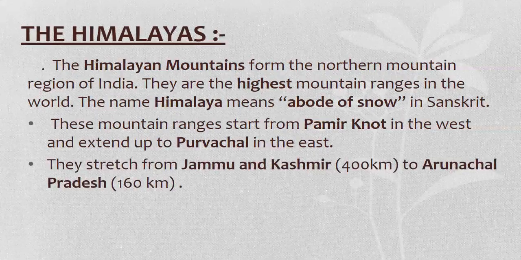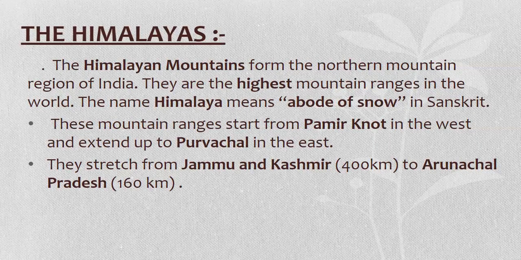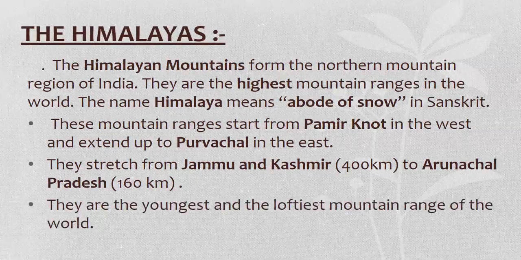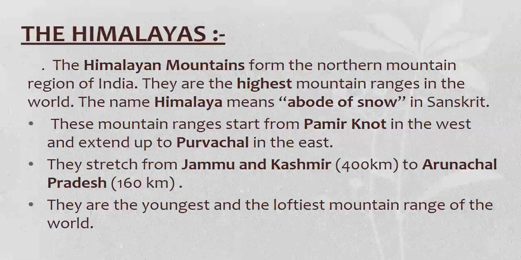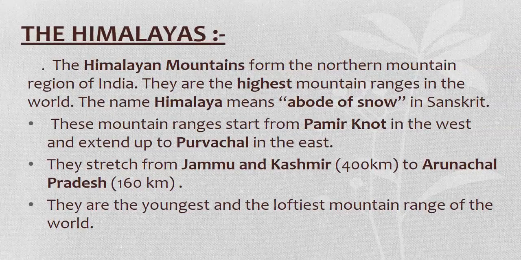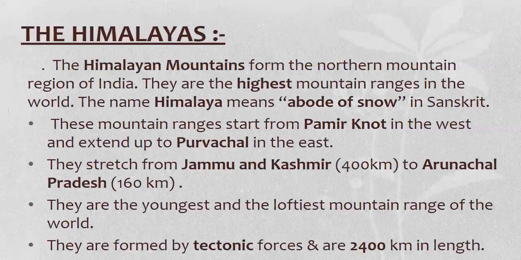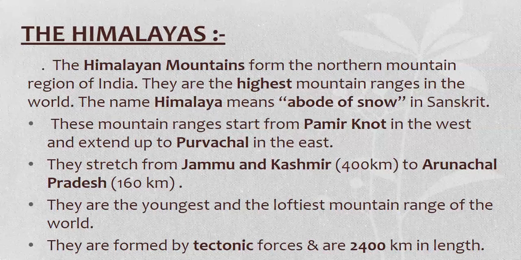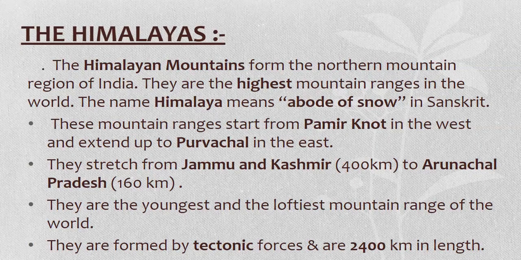They stretch from Jammu and Kashmir to Arunachal Pradesh. They are the youngest and the loftiest mountain range of the world. They are formed by tectonic forces and are 2400 kilometers in length. So these are very interesting facts. Now let us move further.